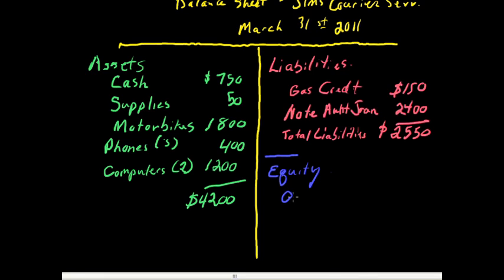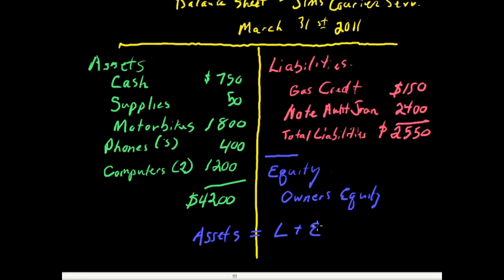Well, that's the remainder. So the owner's equity. Now you'll remember, what's our equation? That's right. Assets is equal to the sum of liabilities plus equity.